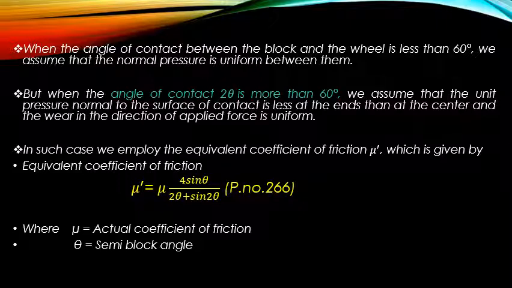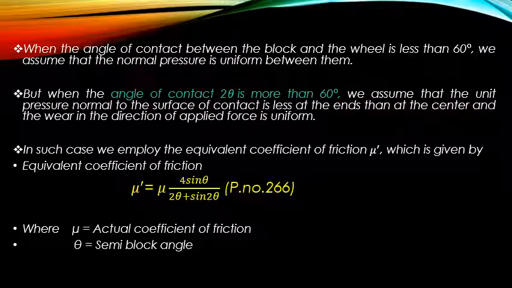So when the angle of contact between the shoe or the block and the wheel is less than 60 degrees, then generally we assume that the pressure, or the normal pressure, between the shoe or the block and the drum is uniform.